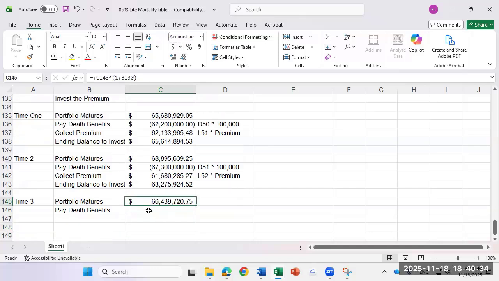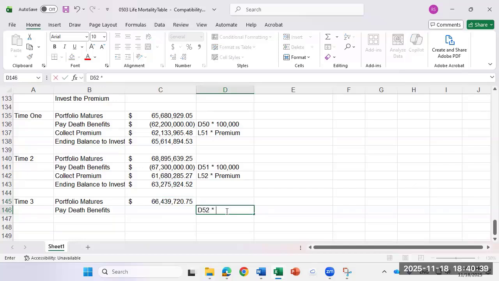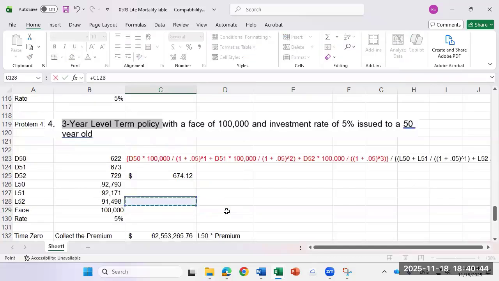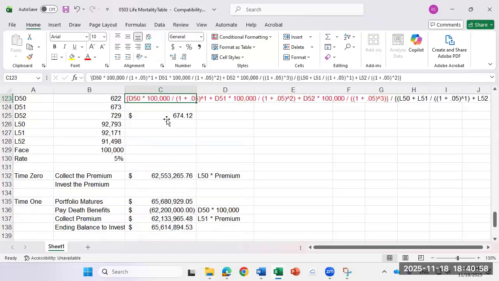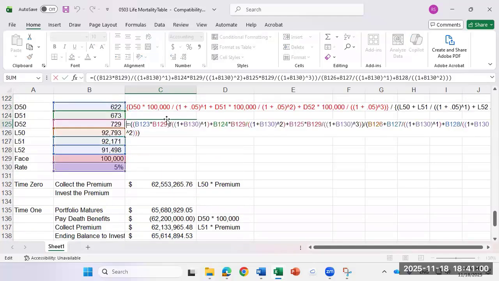That's not good. And then our death benefits, D52 times 100,000. So yeah, I did something wrong. Don't know where. My guess is there's a typo somewhere in the formula. Fortunately for you, I don't count off for typos, but I don't know where I've messed up in here. Somewhere in here, there's an error.